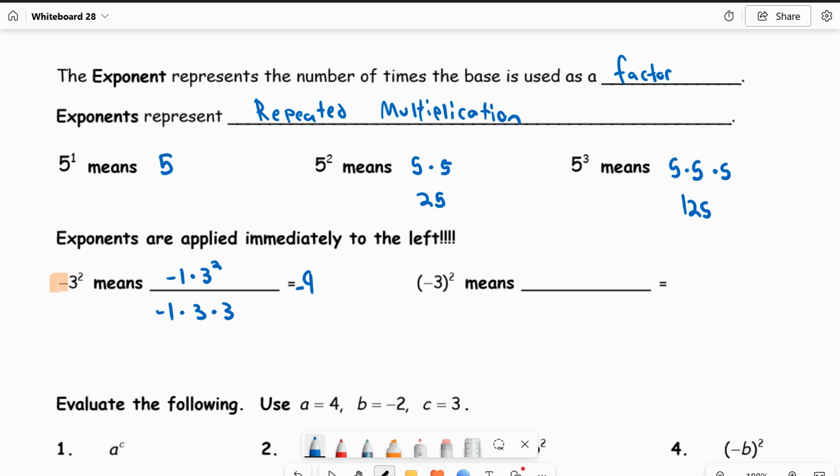The negative is not actually squared in this case. But if you had parentheses, negative 3 to the second power, then the square is acting on negative 3. So you would just have negative 3 times negative 3, which is a positive 9. So just be careful of the difference between those two.